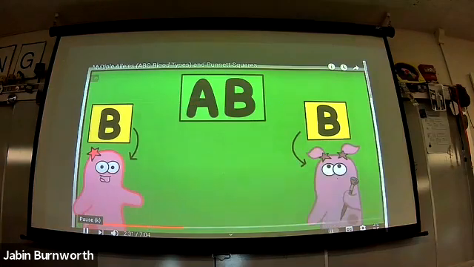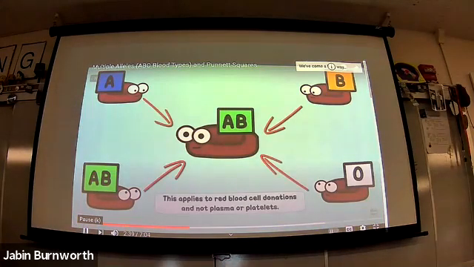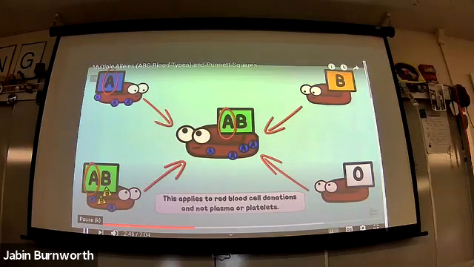Neither of us have type AB blood, but we would think this is a cool blood type to have in the sense that you could receive blood from anyone. If an AB person received blood from a person that had type A, well, they've got the A, so it's all good. And if an AB person received blood from a person that had type B, well, they've got the B antigen too, so it's all good.